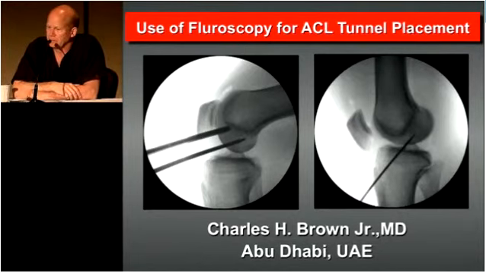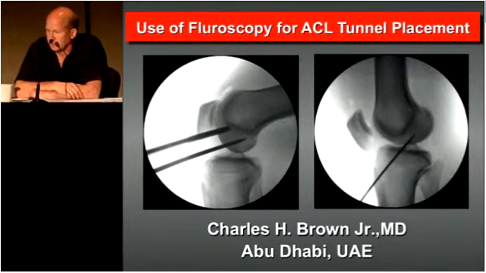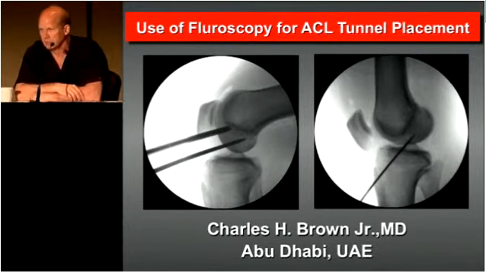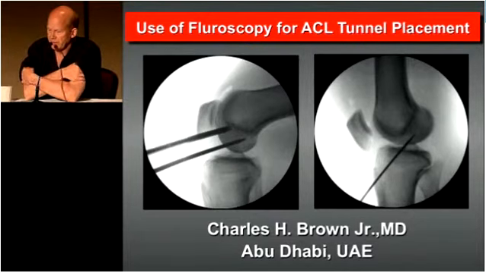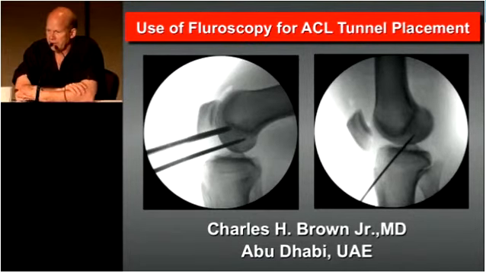While we're waiting for Dr. Brown, I want to just comment. There's a question about isometry and the difference between anatomic reconstructions and isometric reconstructions. I just hope we could discuss that quickly, that particularly with MPFL, you're not looking for the isometric point. You're looking for the anatomic point because the MPFL is not isometric in its path. If you go for isometry, you're not creating an anatomic reconstruction.